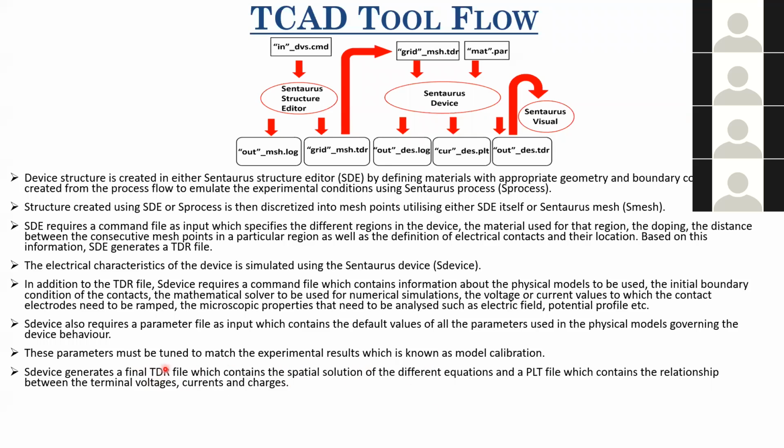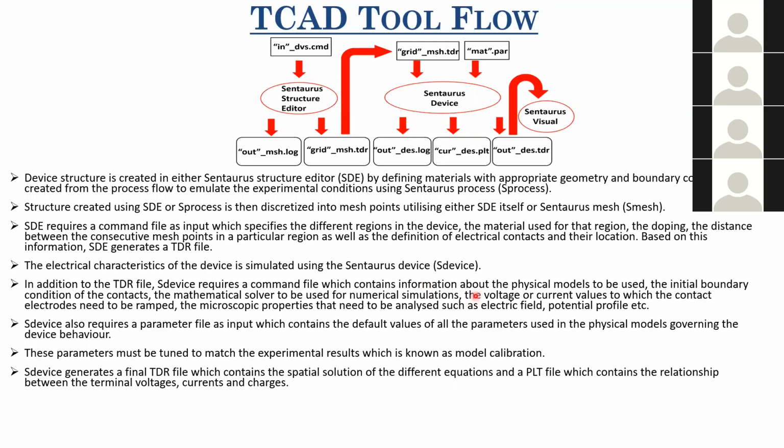If you open the TDR files in a tool called SVisual, you can see the distribution of carrier profiles, electric field, potential, and electric field vectors at different locations along the device. And if you open this PLT file, you'll find the variation of the input voltages and the currents. I mean, you can see the output characteristics, the transfer characteristics, the CV behavior, and so on.